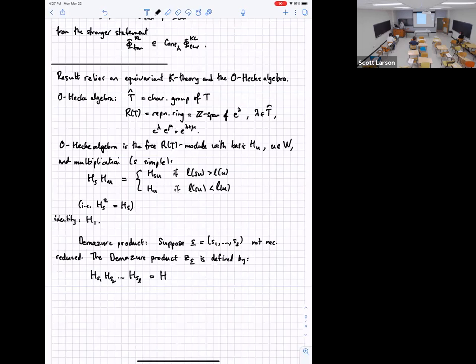But what that something is really depends on whether it's reduced or not. If I have repeated reflections, it's just going to stay the same. The element that indexes it is called the Demazure product. And so we have that Z of S is bigger than or equal to the product of the reflections in S in Bruhat order, with equality if the product is reduced.